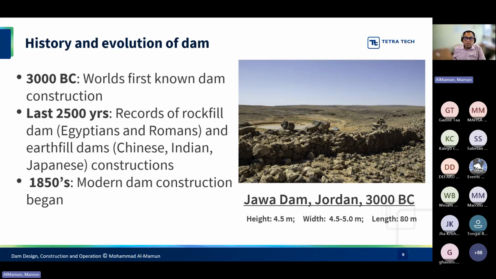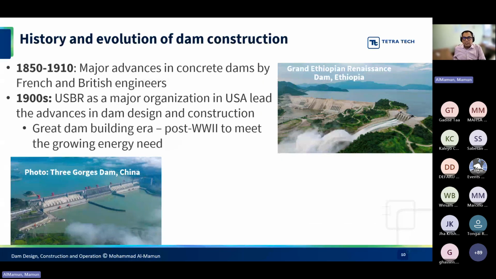But the actual modern dam construction, which we see now, began in the 1850s and onward, because that's when I think the civil engineering discipline started to take shape. And then we understood more about soil stabilization, foundation, etc. And from the 1850s to 1910, there were major advances in concrete dams, predominantly in France and by the British engineers.